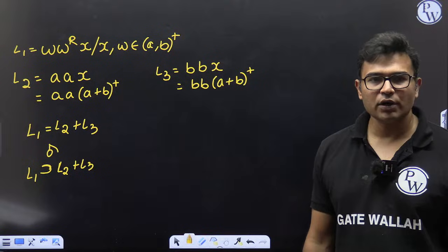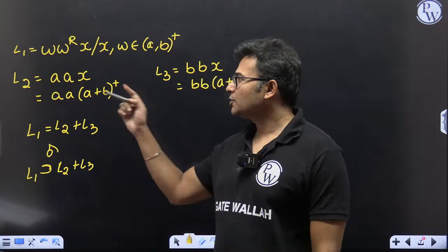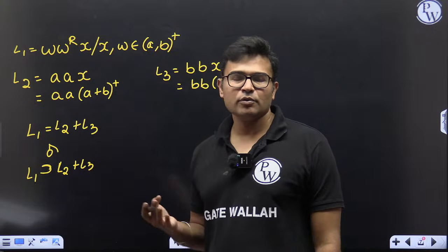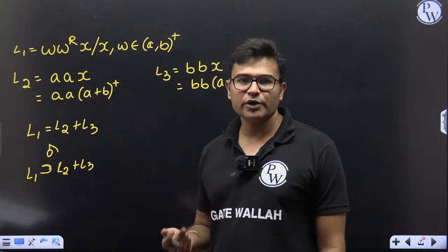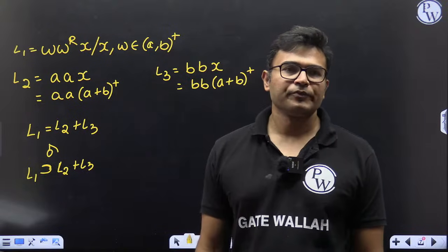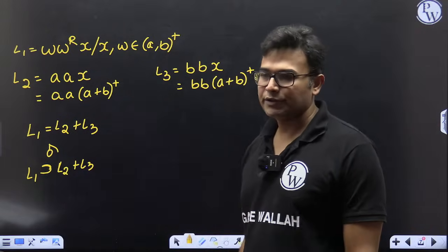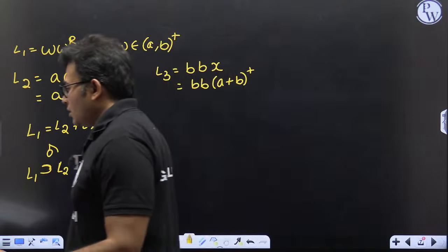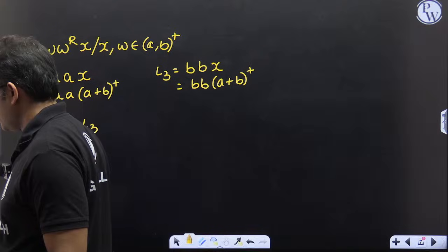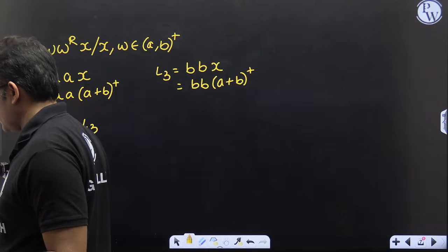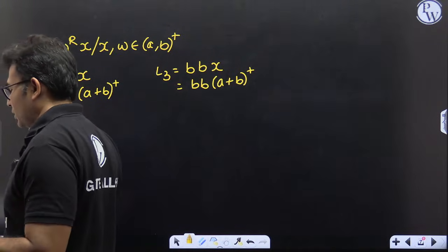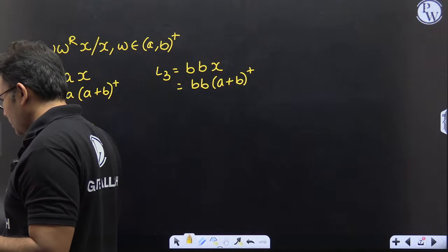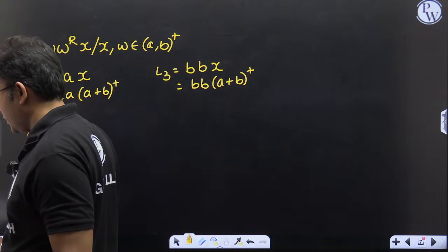Okay. So how are you going to answer? Take some W which is not a or b. Take some W and see W W^R x.